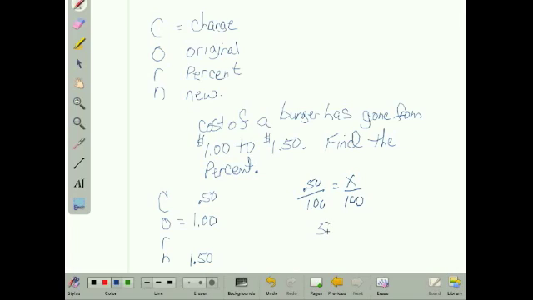So that's 500. Excuse me, 5,000 divided by 100. Cancel out my zeros. X equals 50%. I've had a 50% change or 50% increase in the cost of my burger.